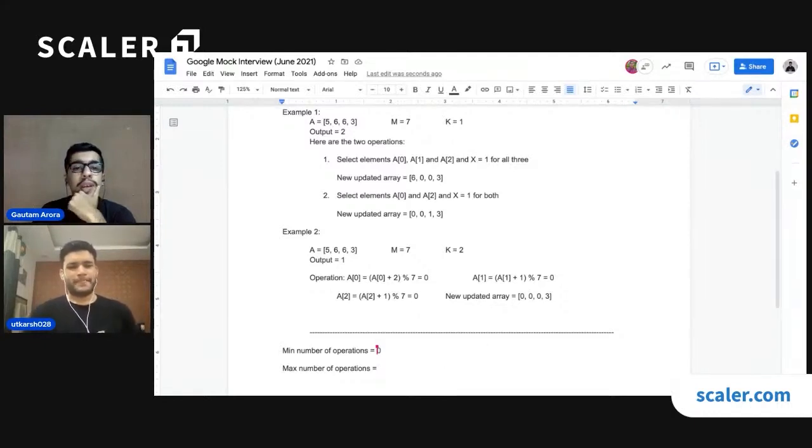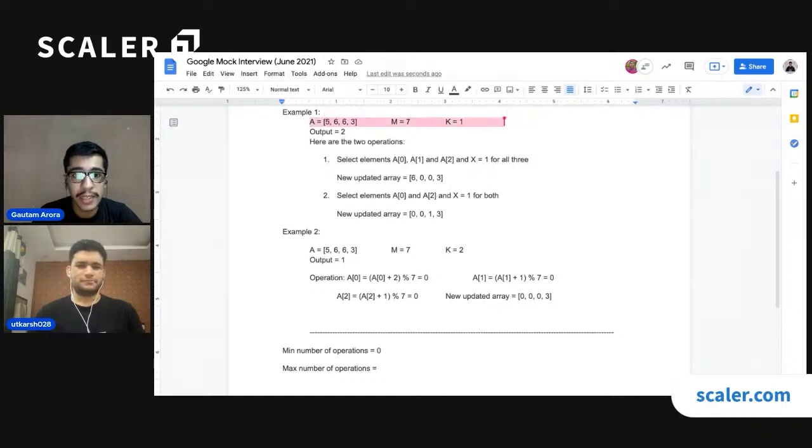Okay, the maximum number of operations required would be, if let's say each and every element is 0, as you mentioned, then it's the minimum operations. For the maximum number of operations, let me check. Let's say this element is 5.